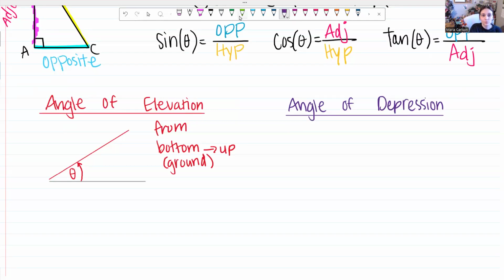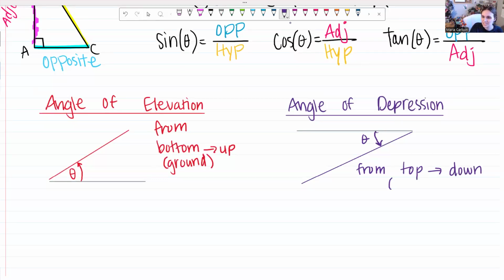The angle of depression, then, is from the top, or some sight line, down. So some top point down is our angle of depression. Oftentimes this is some sight line or maybe like a plane or some high up point.